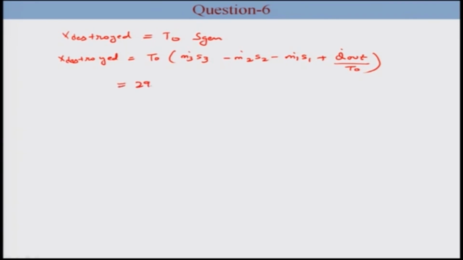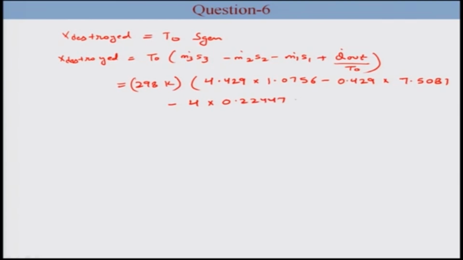So this is 298 Kelvin, T0, times (m3, 4.429, into s3, which is 1.0756, minus m2, 0.429, into s2, which is 7.5081, minus m1, which is 4, into s1, which is 0.22447, plus Q dot out, which is 10 when converted into kilojoule per second, divided by T0, which is 298). So this comes out to be 202 kilowatt.